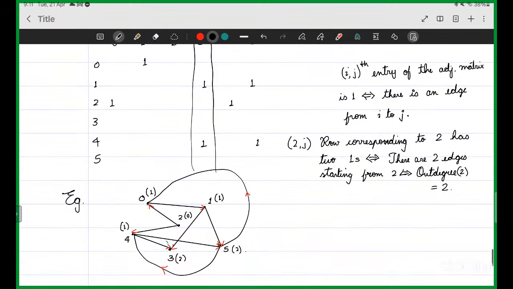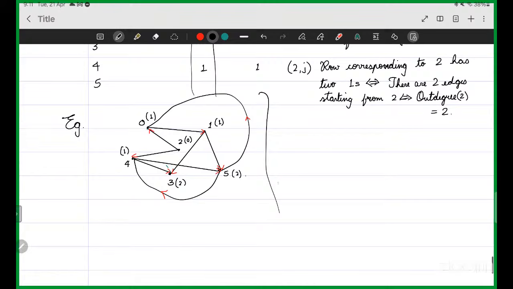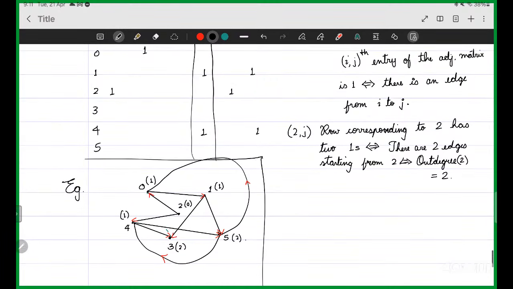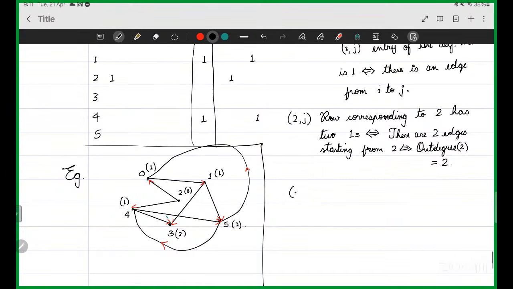This thing is not part of the example, this is just separate. Now, if I look at things like i comma 3, these are entries in the column corresponding to vertex 3. The column corresponding to 3 has, once again, 2 ones.